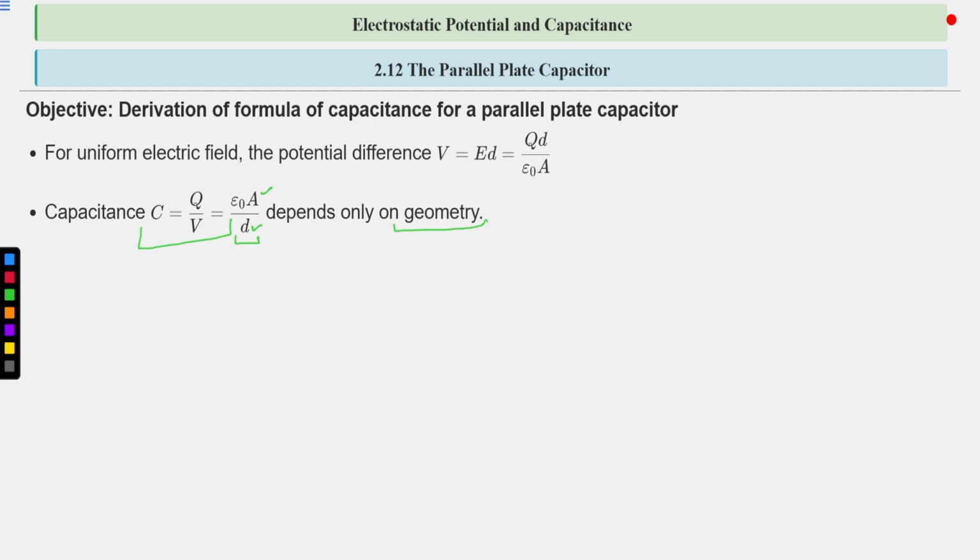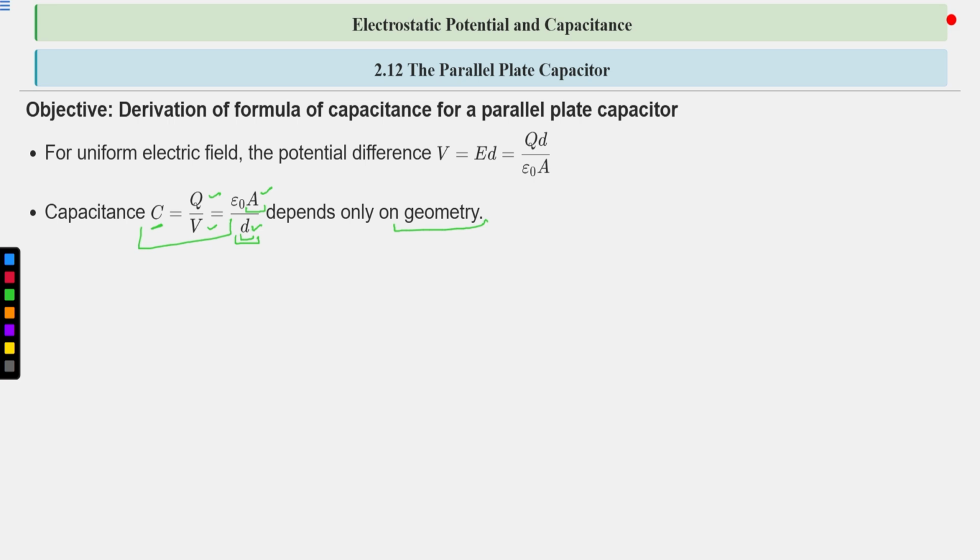It depends only on geometry. As we discussed, this C doesn't depend on Q or V. This C only depends on the geometry of the capacitor, and the geometry here is the area of the plates and the separation between them. We can increase the area of the capacitor plates and capacitance will increase.